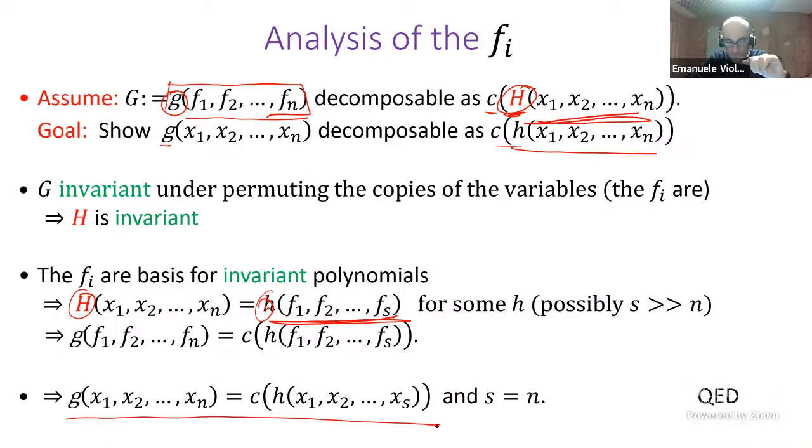So if you can decompose into C of H, you can also write H as invariant, and you can write it as a polynomial in the F's, and then you can conclude that the original G was also decomposable. Okay, so I'm going to move on unless there's a question.